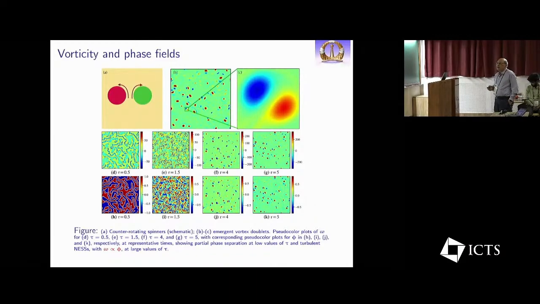And what Bishwajit and Nadia have found is that if the activity parameter tau is low, then it goes back to phase separation, which would happen for the good old Cahn-Hilliard-Navier-Stokes. So this is the concentration field phi, and that's the vorticity field. As you increase it, something turbulent seems to be happening, and just like conventional turbulence suppresses phase separation, this active spinner turbulence also does it.